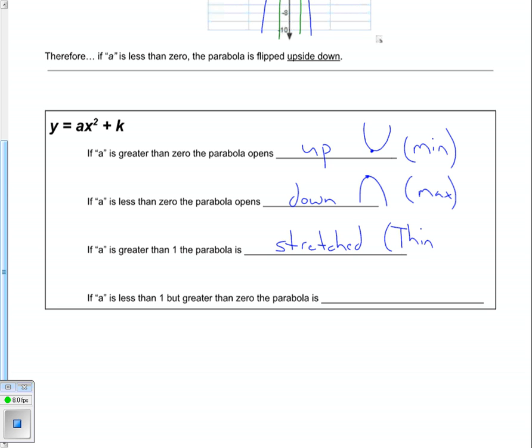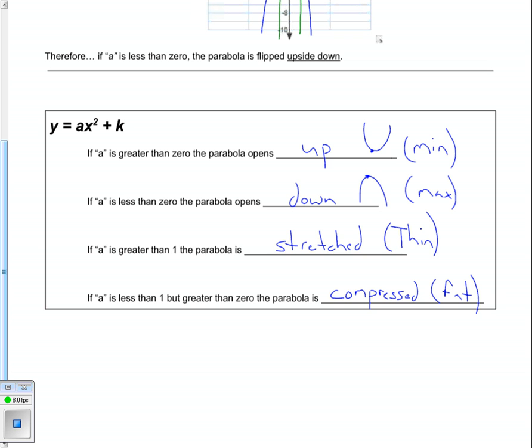Okay, so thin means, or stretched means thin and tall. But if the a value is between 1 and 0, okay, so it's less than 1 but bigger than 0, then it is compressed. Okay, and that means that it's made fat, for lack of a better term.